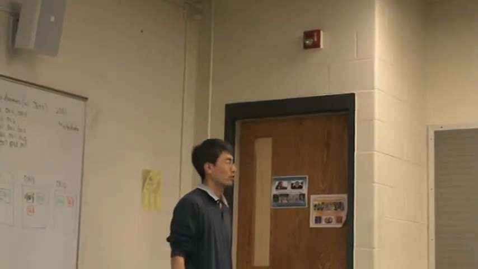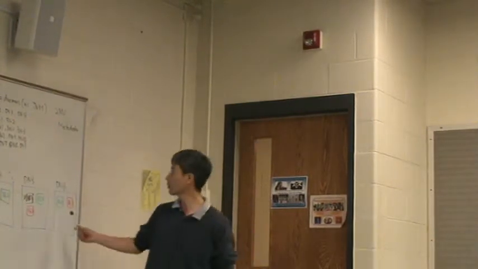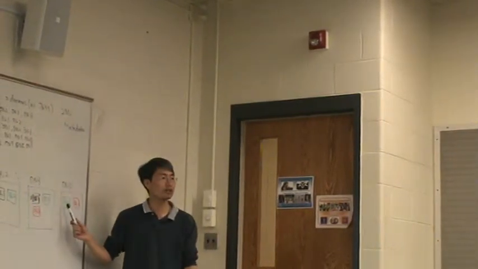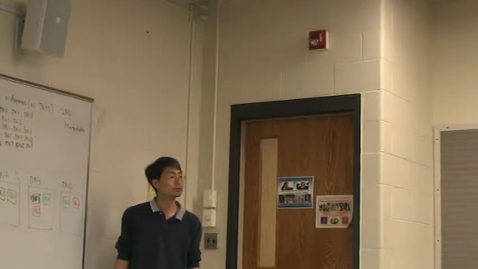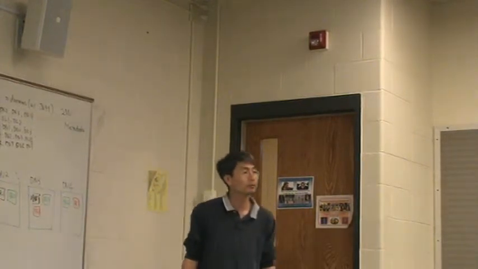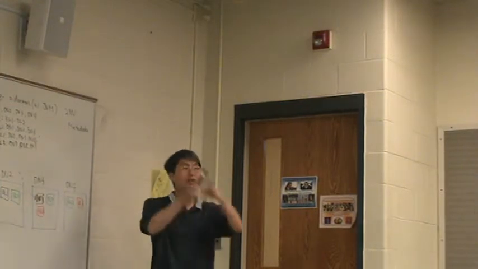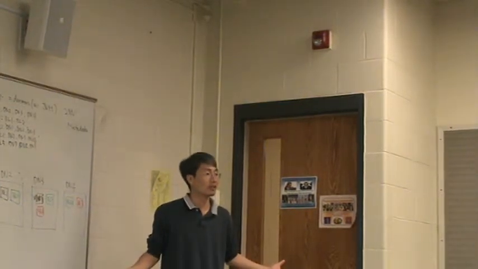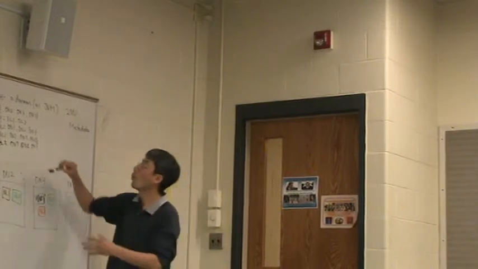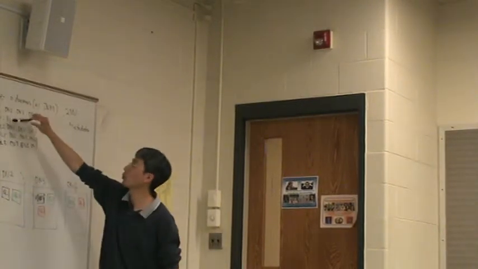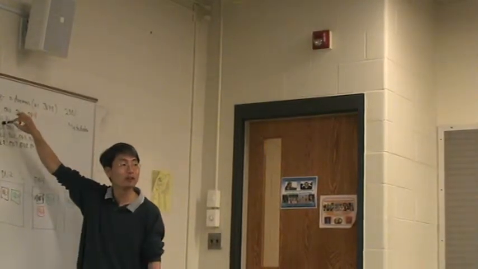For the data node, it's a 64 megabyte block size. One data node has 2 to 3 million blocks. Definitely one data node has many data blocks. But for one file, right now we have only one file, right?